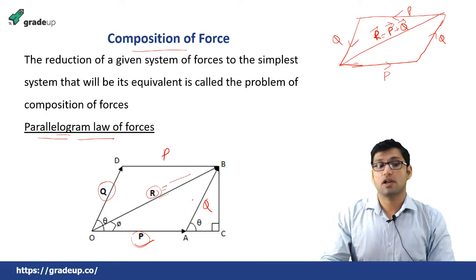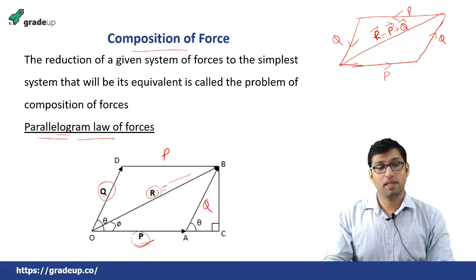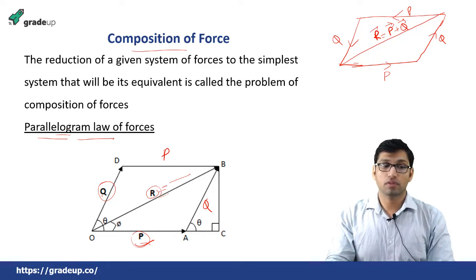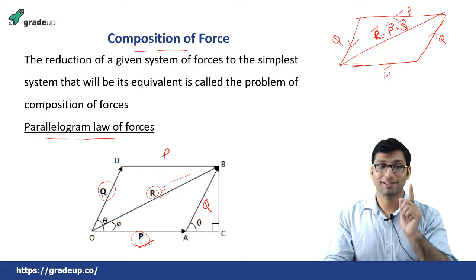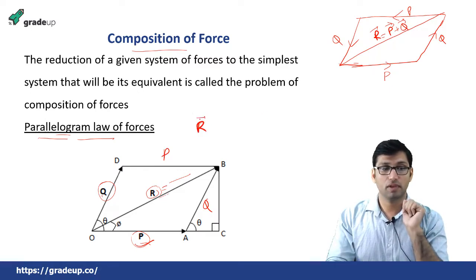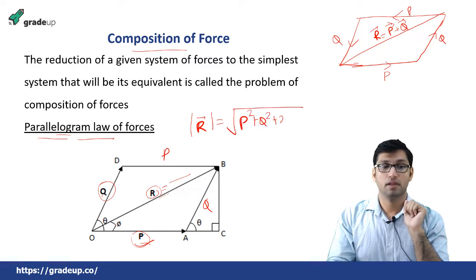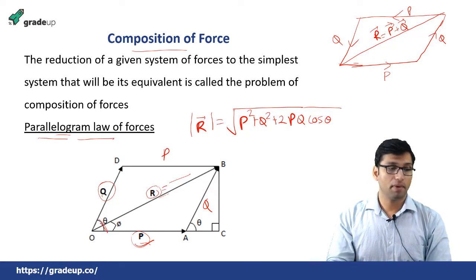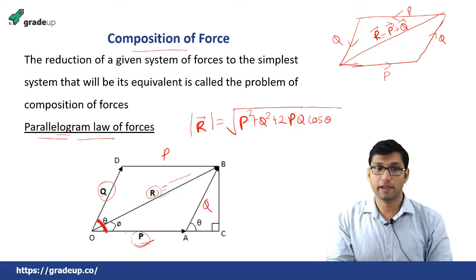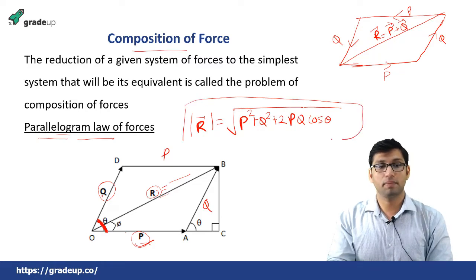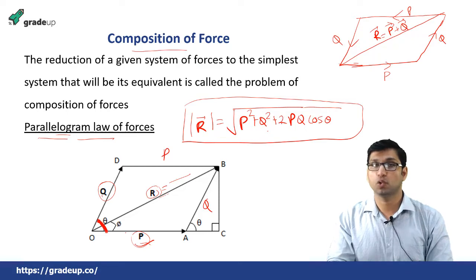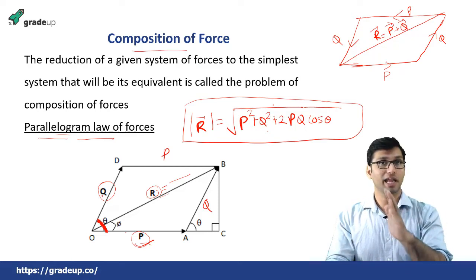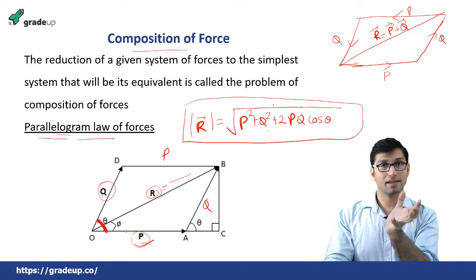Now if the order is not the same, suppose this is force P and this is force Q, then the resultant force will be represented by the diagonal itself, but the resultant will not be P plus Q. It will be equal to the square root of P square plus Q square plus 2 P Q cos theta, where theta is the angle between force P and force Q. So the magnitude of this resultant force will be the square root of P square plus Q square plus 2PQ cos theta if the forces are not taken in the same order, or you can say not taken at the adjacent sides of the parallelogram.